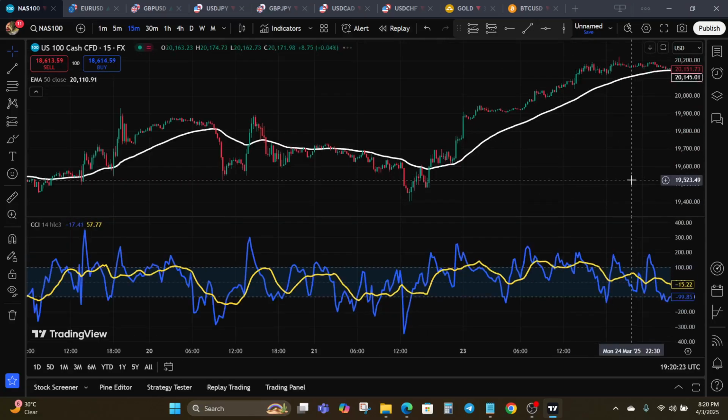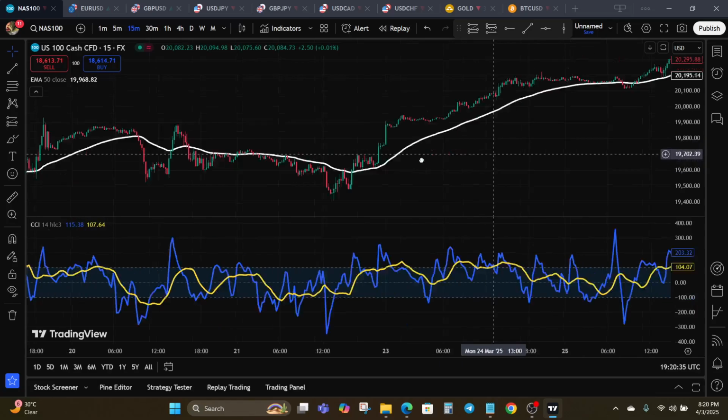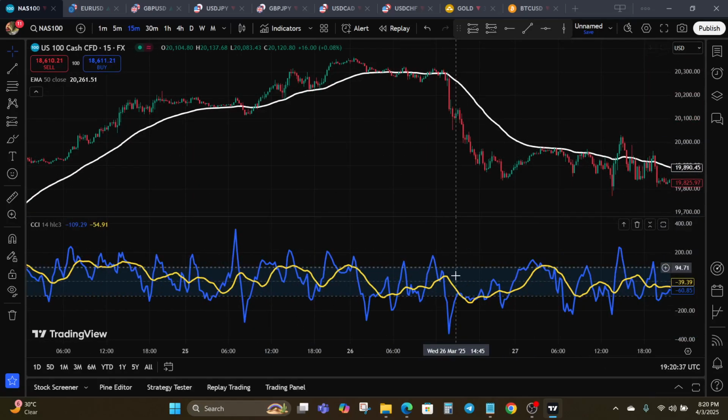So for a buy, you watch out for the CCI crossing above plus 100, and for the price to climb above the 50 EMA. For a sell, you watch out for the CCI dropping below minus 100, and for price to drop below the 50 EMA. So this is a strong trend signal.